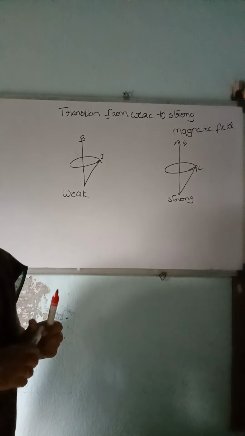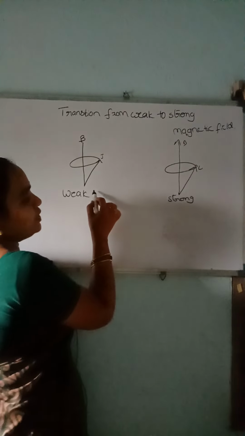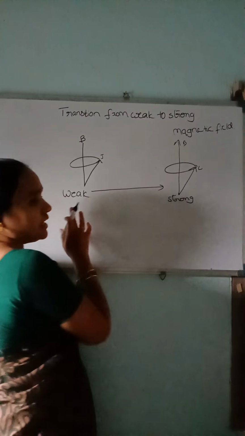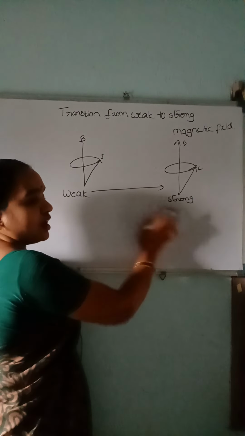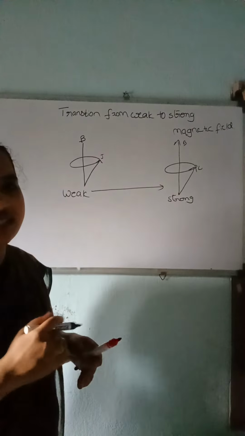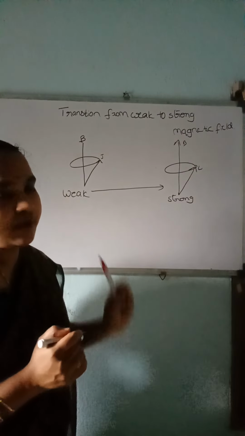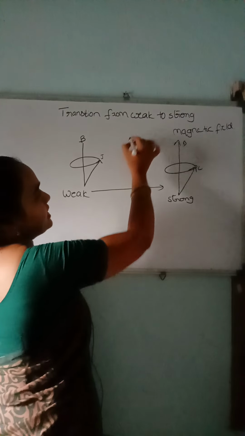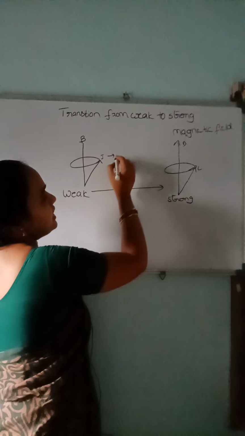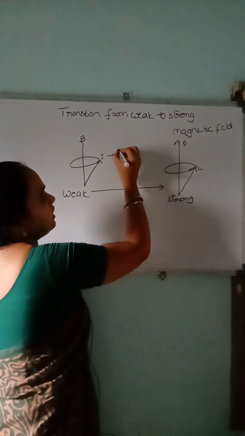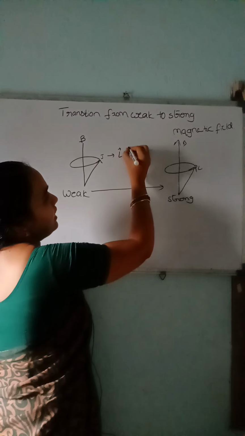Then what is the transition? During this transition period, that is from weak to strong magnetic field, this transition is called as partial Paschen-Back effect. During this transition, J vector is not L bar plus S bar.